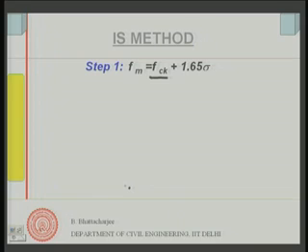So, that is why it is necessary to have 30 data. Right. So, this is what it is. Step 1: Fm is FCK plus 1.65 sigma.